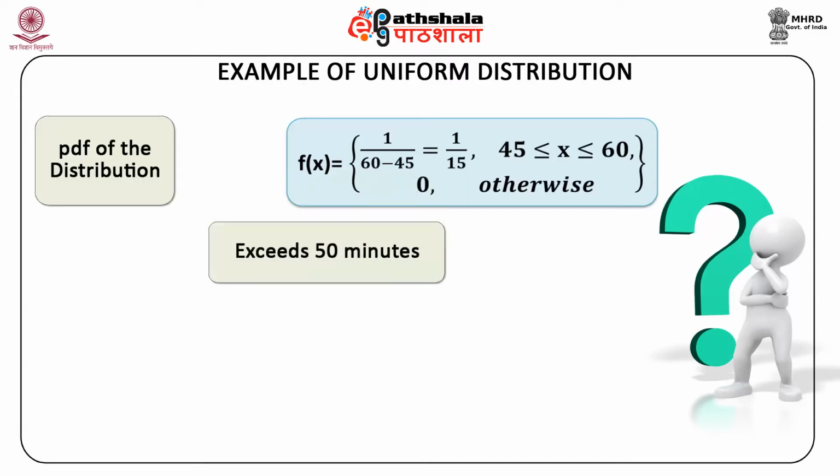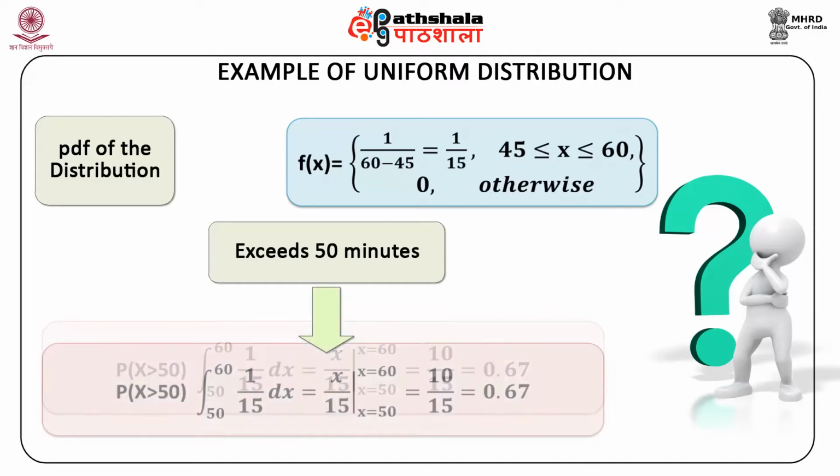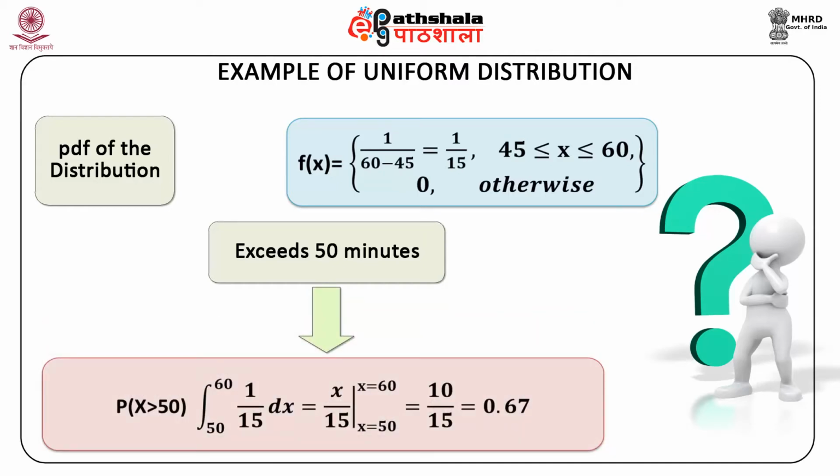The time exceeds 50 minutes, so the probability P(x greater than 50) is indicated by the integral from 50 to 60 of 1 divided by 15 dx, which is equal to x by 15, where x is equal to 50 and x is equal to 60, which is equal to 10 by 15, which is equal to 0.67.